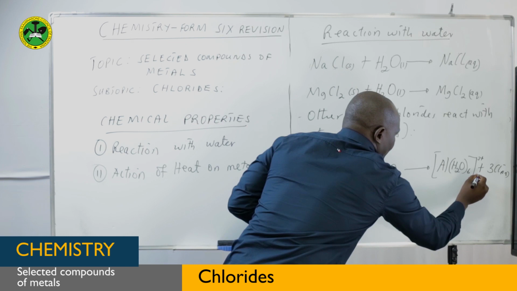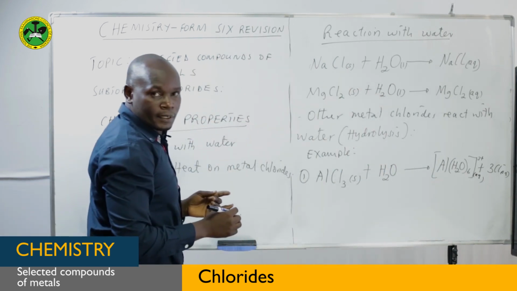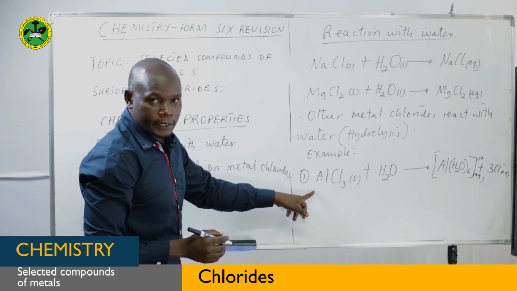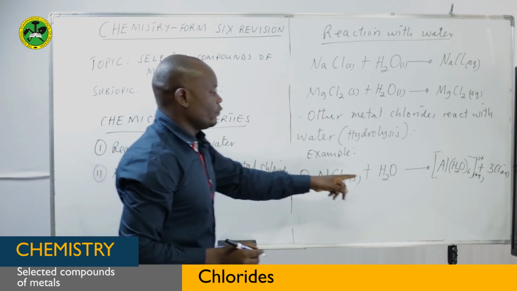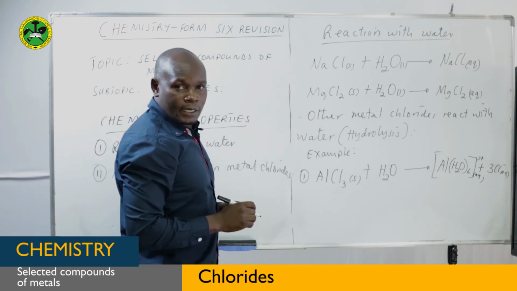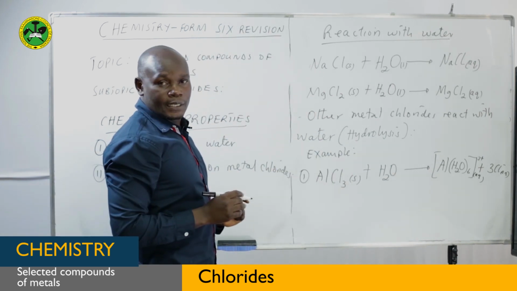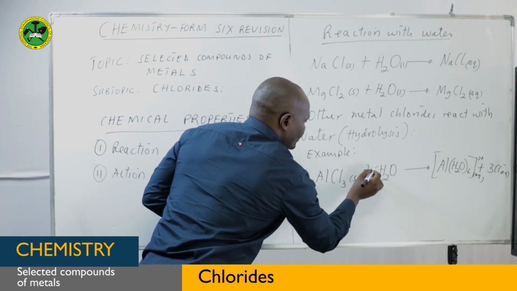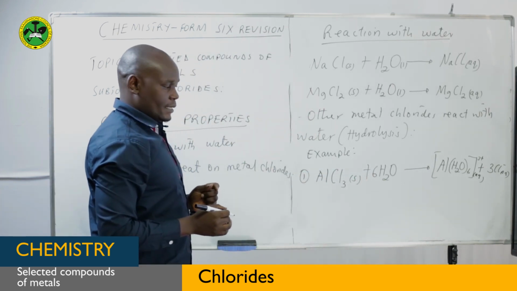So this is an aqueous and that one is an aqueous. So that is what is happening. So aluminum chloride gets hydrolyzed into formation of hexaaqua aluminum 3 ions, which is our complex ion. Now, by balancing there, here must be 6.